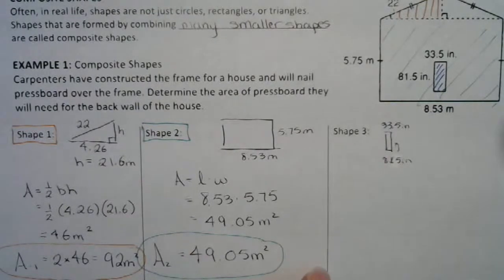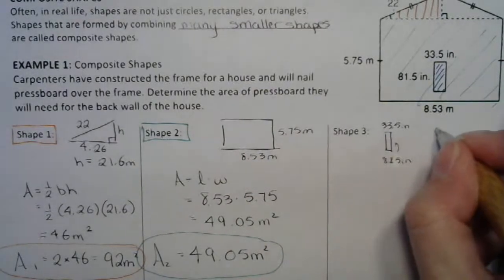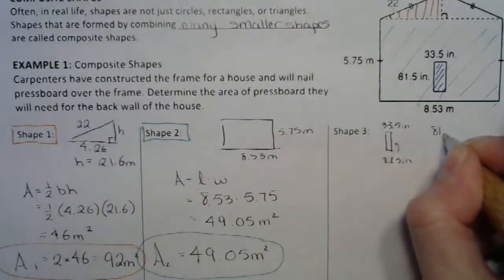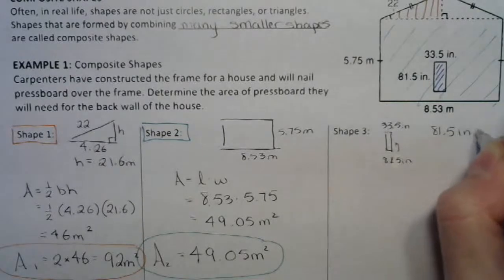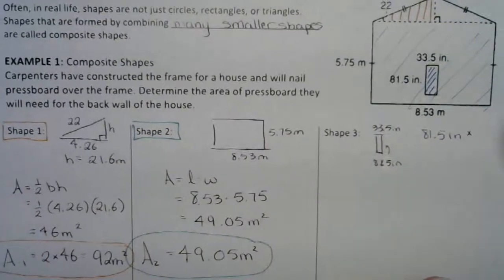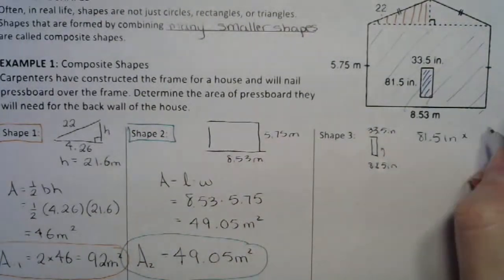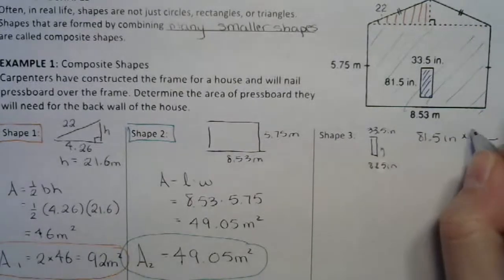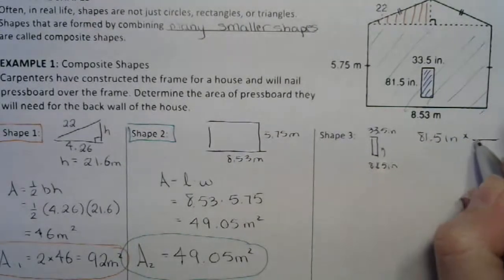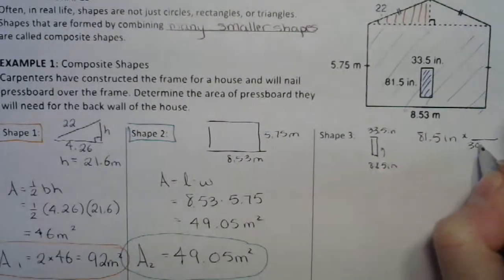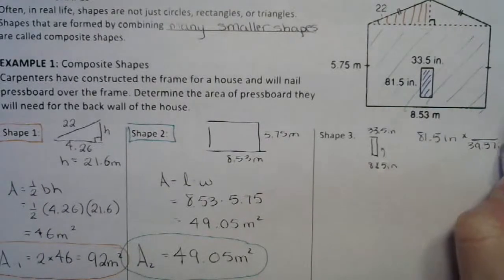Okay. So the first thing we're going to want to do is convert that into meters. So let's look at the 81.5 inches. The conversion is, for every 1 meter, we have 39.37 inches.